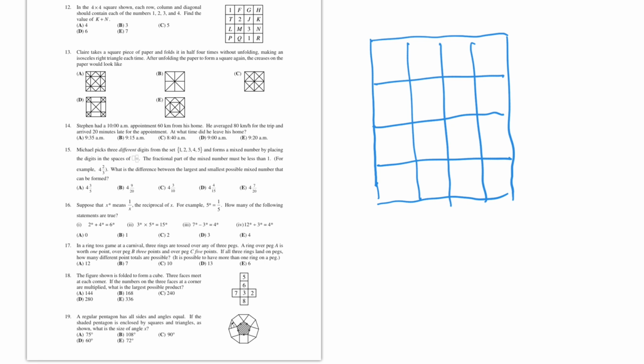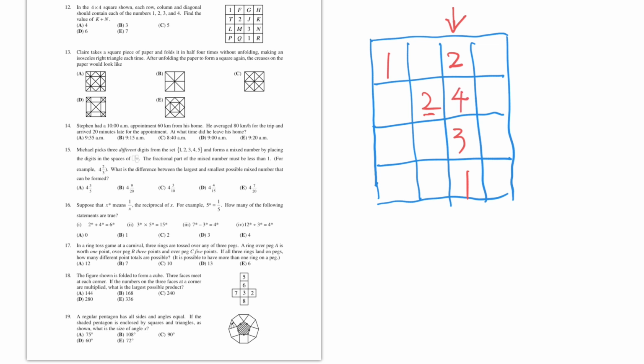We put the number 1 here, 2 here, 3 here, 1 here. Now we put this column. So we have the 1, 3. We are missing the 2 and 4. I cannot put the 2 here because there is already a 2 here. So we must put the 2 on the top, and here is the 4.